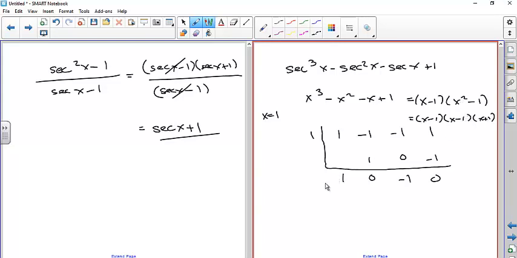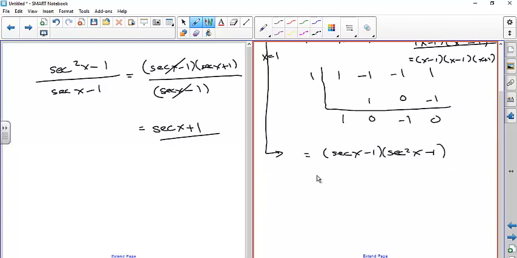So what we can do is substitute in secant for this. But actually I think we're going to use this because, I'll show you in a second why. So you get secant of x minus 1 times secant squared of x minus 1. But secant squared x minus 1, we just looked at that.